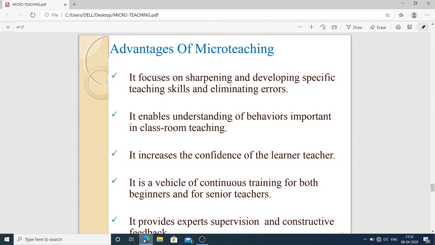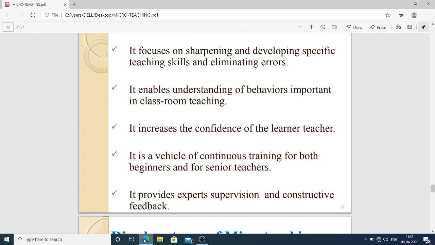It increases the confidence of the learner teacher. It is a vehicle of continuous training for both beginners and senior teachers. It provides expert supervision and constructive feedback.